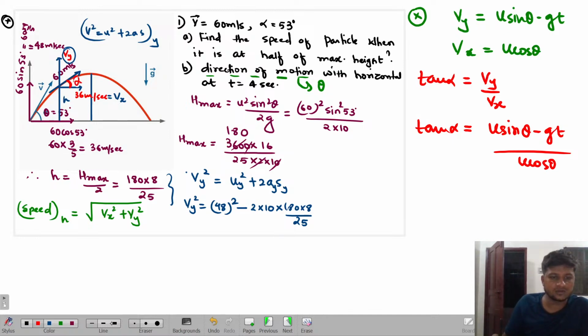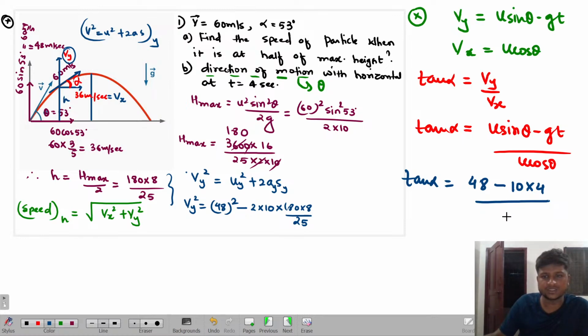So basically, what will I get as tan alpha? Tan alpha is equal to u sine theta, which I have got already, that is 48, minus g is 10, and at time 4 seconds, divided by u cos theta. U cos theta is 36. So tan alpha is equal to 48 minus 20, so 8 by 36, which is 2 by 9.